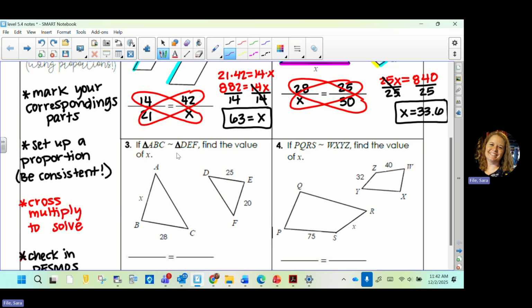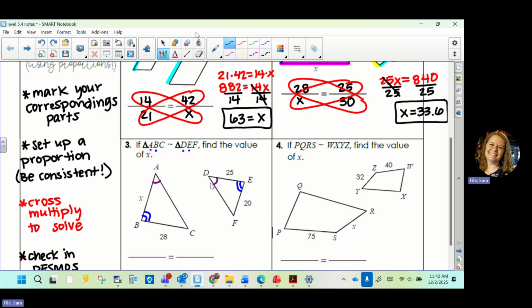And we said that the order matters. So since A is first and D is first, that means A and D are congruent. So I can mark A and D congruent. And since B is in the middle and E is in the middle, I know B and E are congruent. And then you can mark the third one or you can leave it unmarked because it's still the same.